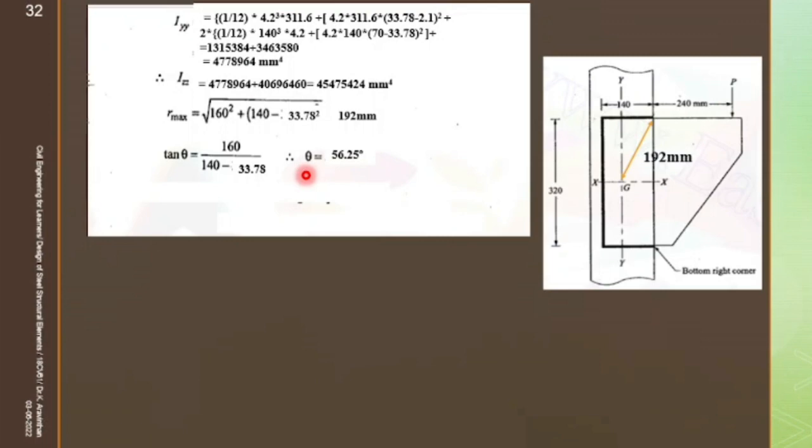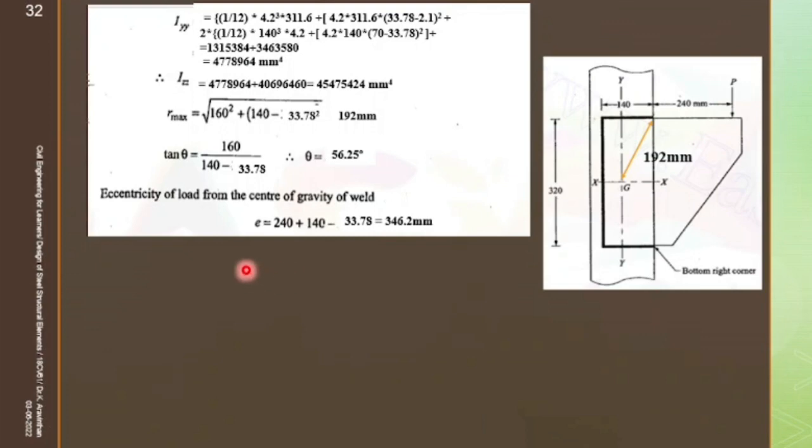For finding theta, the opposite side is 160, the adjacent side is 140 minus 33.78, which will be this answer. So your theta will be tan inverse of this, you will be getting 56.25. Check that you are getting this answer.